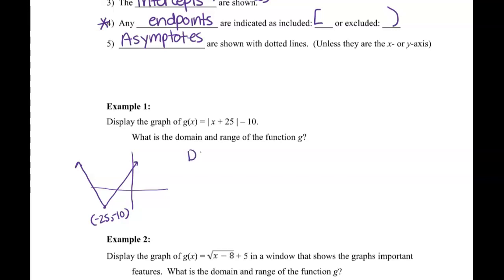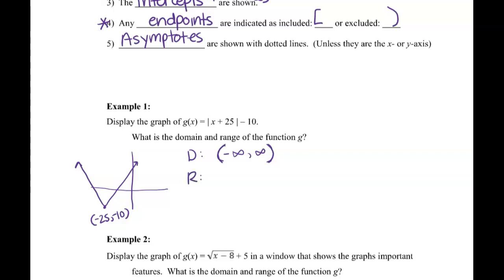So domain is the x values. So going from like left to right, what values work, and it looks like anything goes, right? All the x values, you can plug any value into that equation and you'll get some number. So domain is -infinity to infinity. And we always have these parentheses because you can't include infinity because it's not really a value.